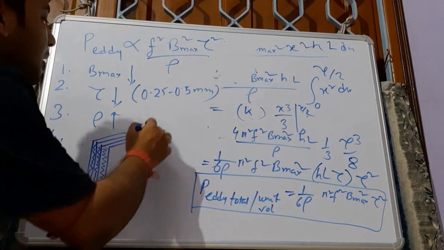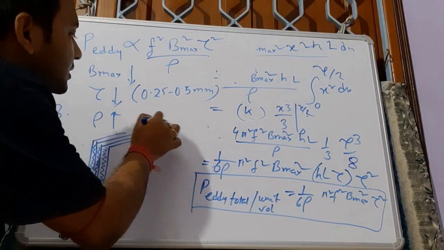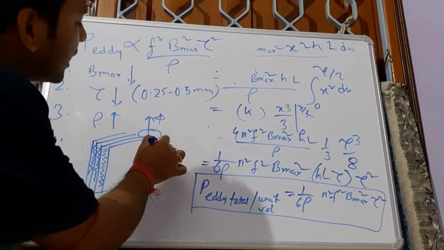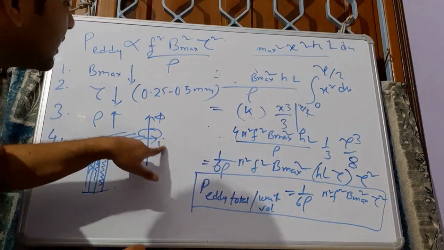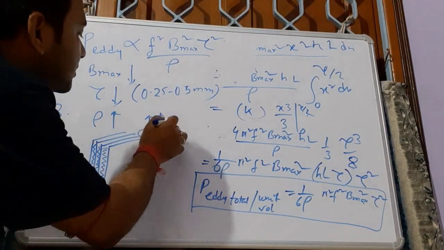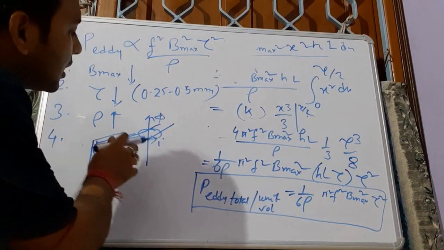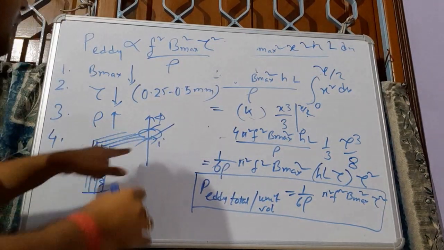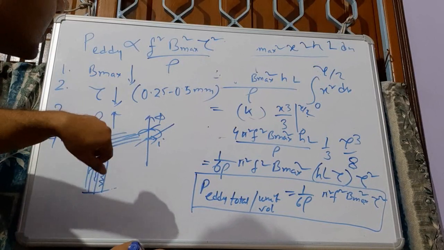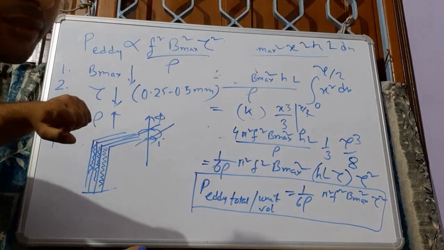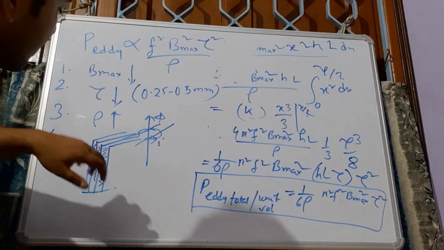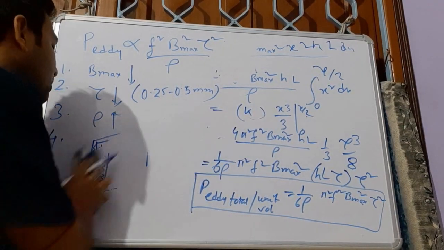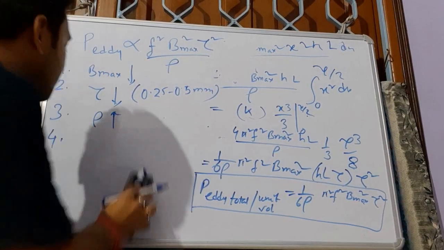If the flux is this, the eddy current path is I, say I is the eddy current, and if we split the core, then the path of the eddy current will get reduced, right? So we can use a laminated core with varnish insulation.